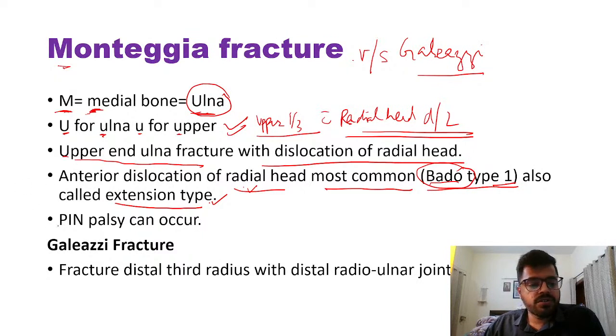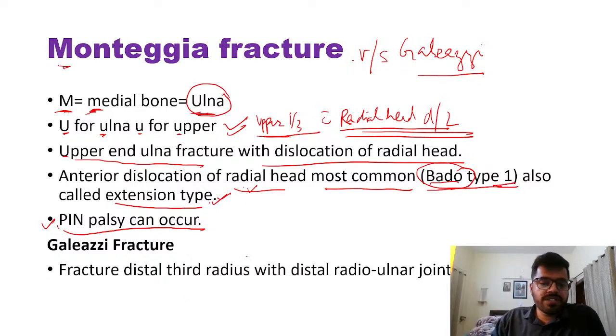Posterior interosseous nerve palsy can occur in Monteggia fractures. So upper third ulnar fracture with radial head dislocation, and anterior dislocation of radial head is most common, that is type 1 Bado, which is called extension type.